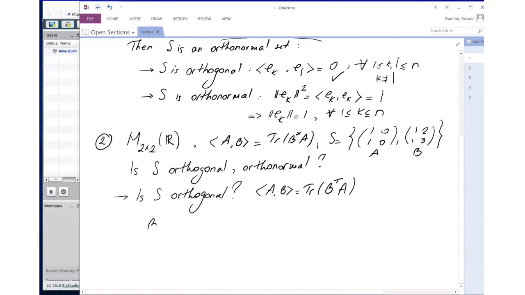Okay, what is B transpose A? This is B transpose times A, which turns into this.